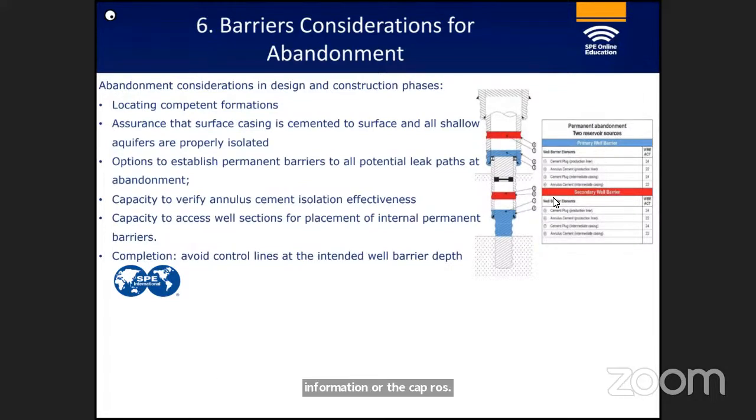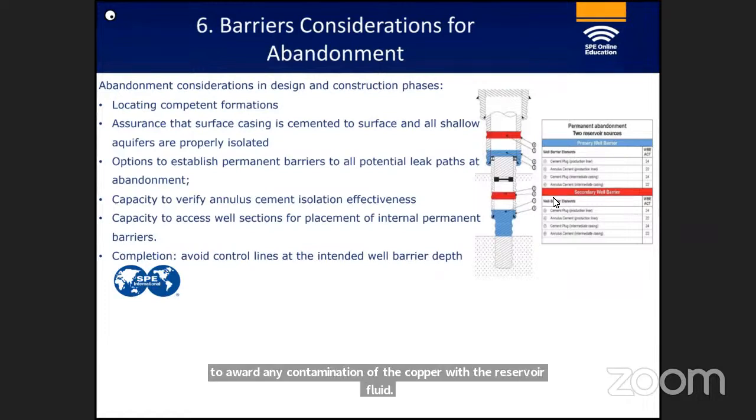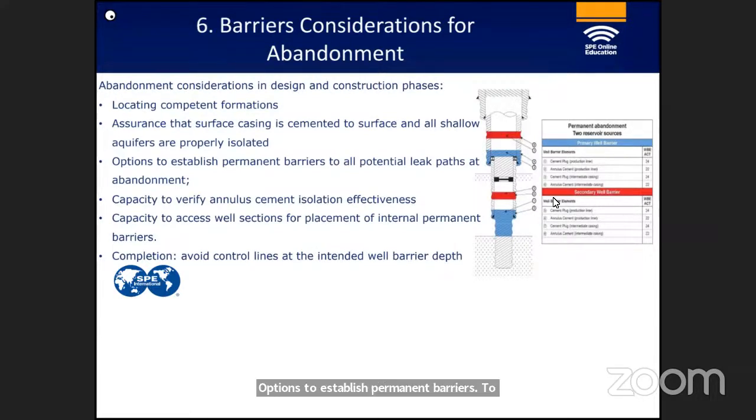There must be assurance that the surface casing is cemented to the surface and all shallow aquifers are properly isolated to avoid any contamination of the aquifer with the reservoir fluid. Options to establish permanent barriers to all potential leak paths at the abandonment stage, and capacity to verify annular cement isolation effectiveness.